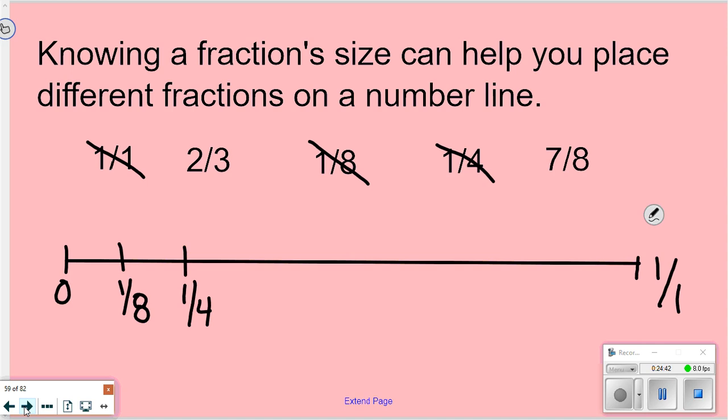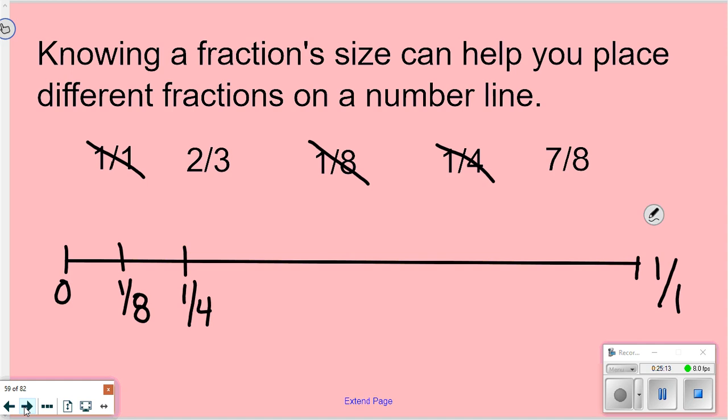We've got 2/3 and we've got 7/8 left. Where's that going to go? One of those is really easy peasy for my brain. Huxley, where do you think 7/8 is going to go? Why?